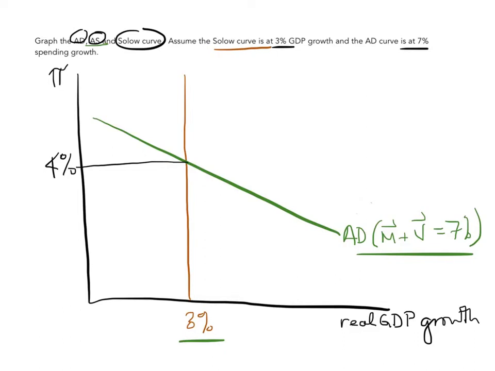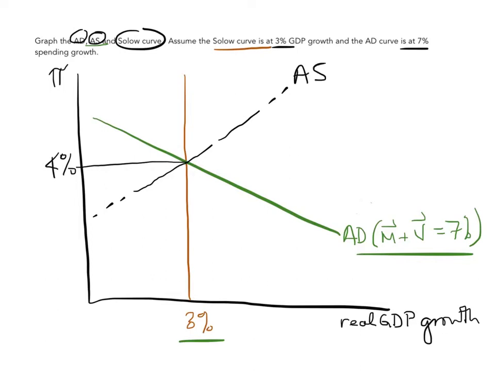And if this is where the economy's inflationary expectations are, in other words, if businesses are paying workers 4% more in wages every year to cover the cost of inflation, if workers are expecting that, if interest rates that banks are charging include this 4%, and the expected inflation turns out to be pretty close to actual inflation, then you would expect your aggregate supply curve to intersect the aggregate demand curve right at that 4%.